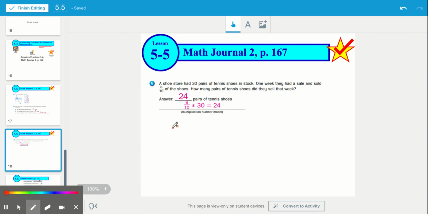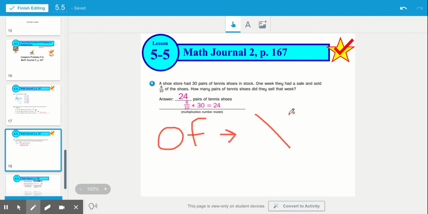And one more time before we end, don't forget that the word of is the same thing as to multiply. Oh, that really messed up. Sorry. There we go. So of means multiply.